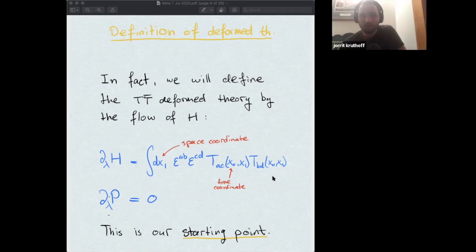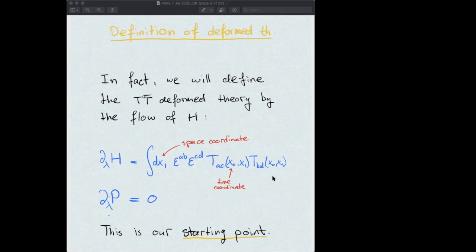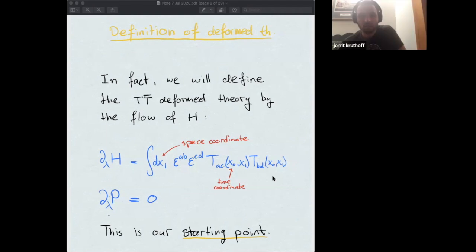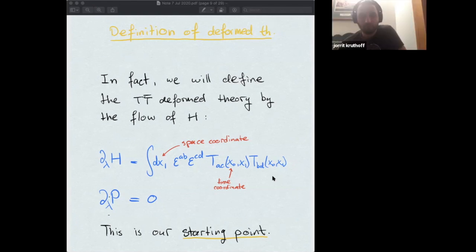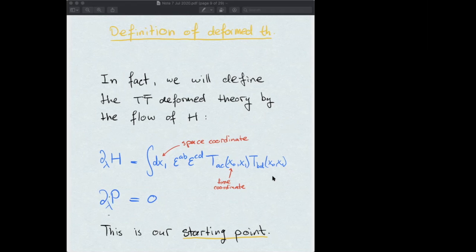You mean like improvement terms or things like that? I just mean when you originally take the TTbar, when you take the two points close enough, there will be local derivative terms. And because those are derivatives, when you integrate over the entire space, they are gone. That's right. But this is only the Hamiltonian, you're not integrating over the entire two-dimensional space. So those divergent terms could appear, it seems.